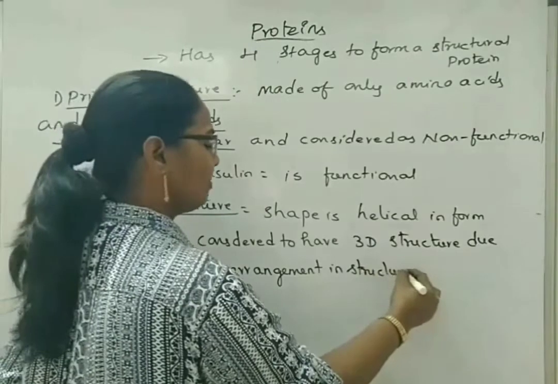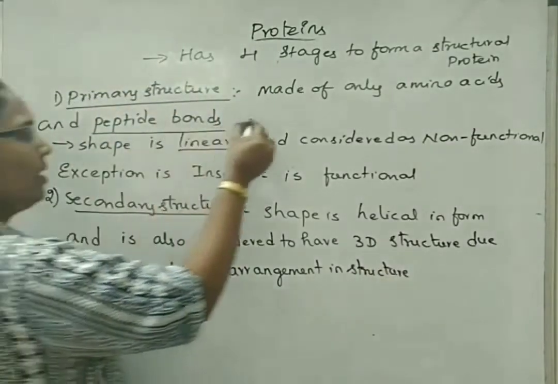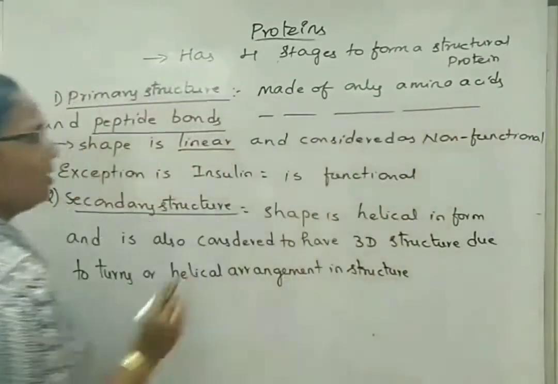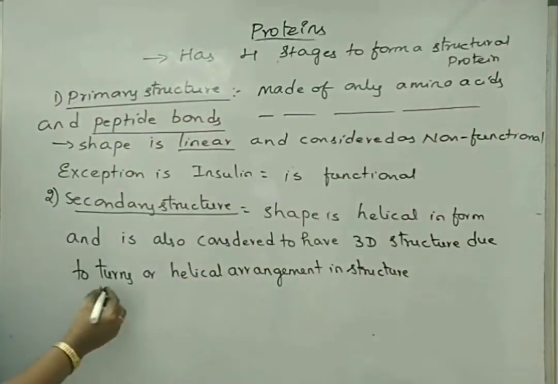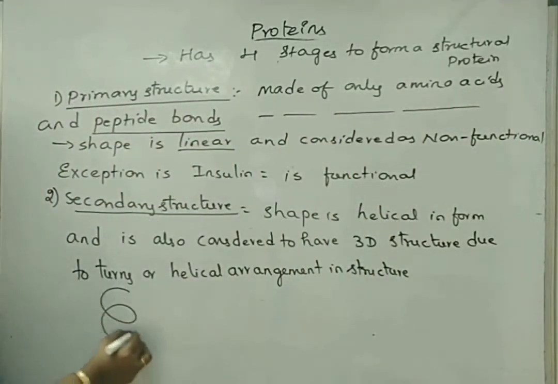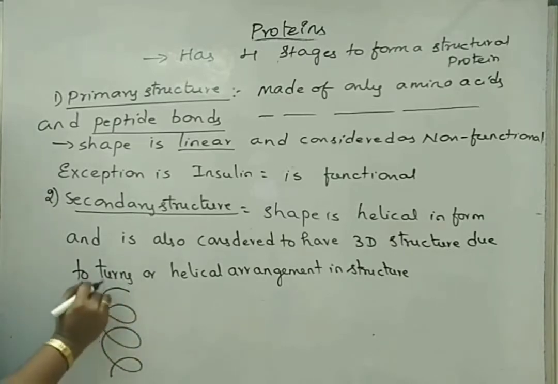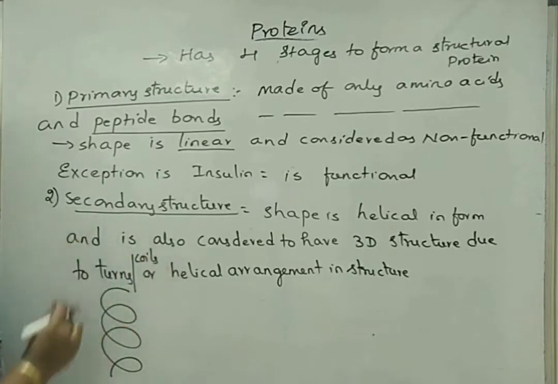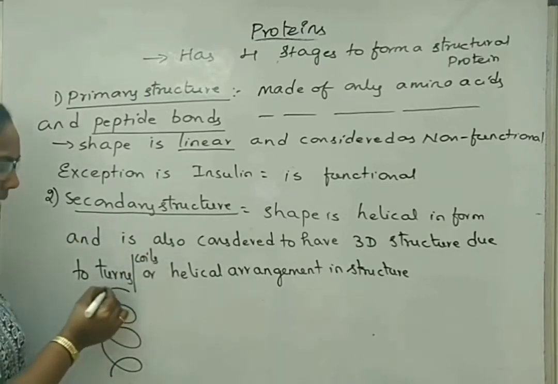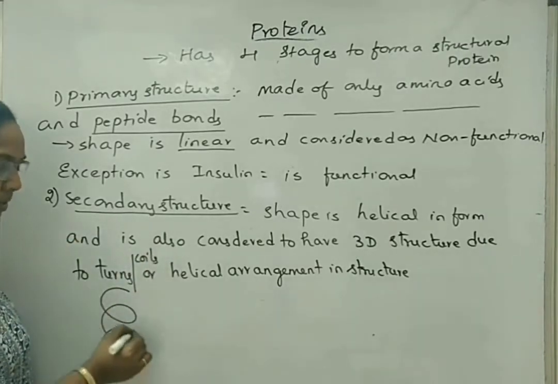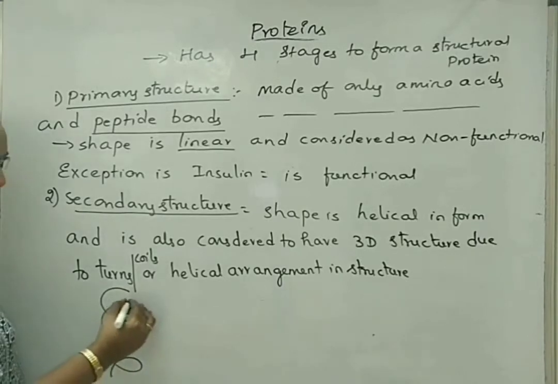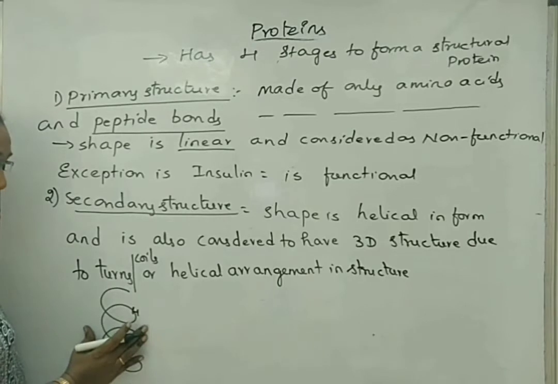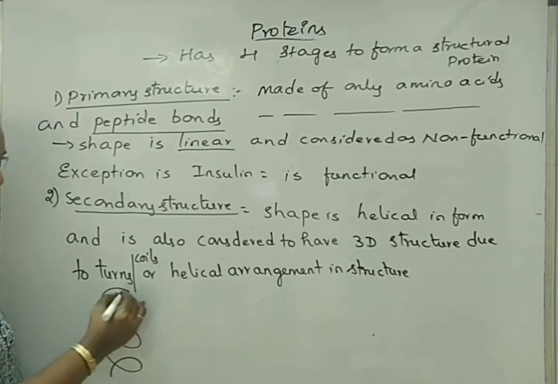We'll see now. Here we see the arrangement of the structure as one complete linear form of the shape in the primary structure. But coming to the secondary structure, there will be turns or coils. Meaning the linear form has now framed out some coils like this. These coils maintain their structure with the help of hydrogen bonds like this.